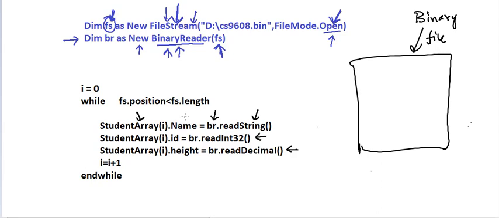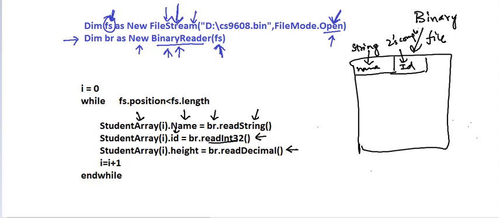Name is a string value, so when we save a name in the binary file, it gets stored as a string value. But when we store an integer, remember this was the name, and this is where we're storing the ID. The data type of ID is integer, so this gets saved as 2's complement.